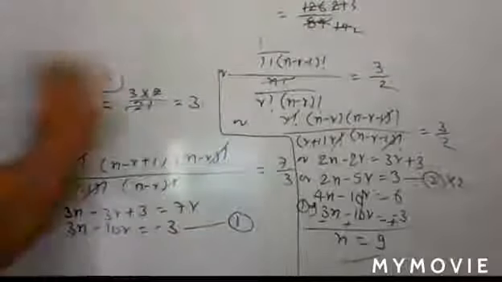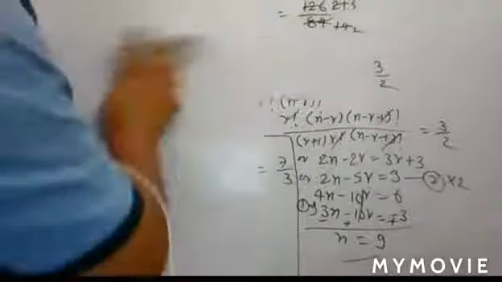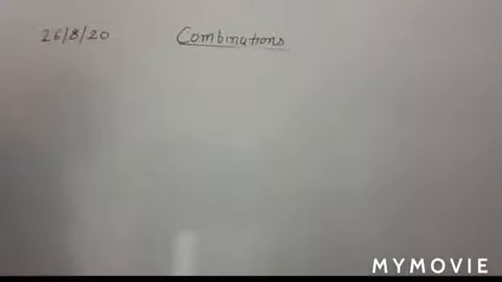This is your question. If you read the question, only selection is there. It is not that we chose the students and then lined them up or arranged them. Only the selection is there. So no doubt, this is a part of combination.